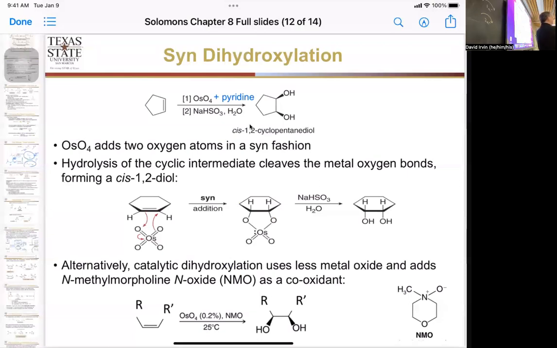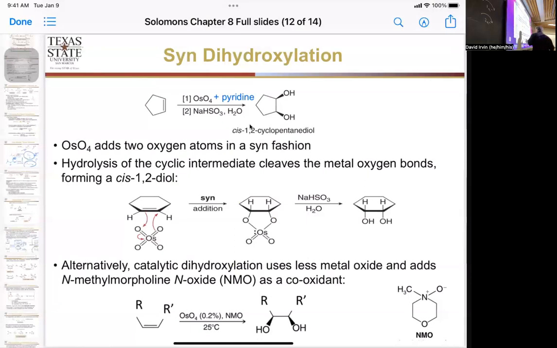And so what they've figured out is that they can use a reagent that oxidizes the osmium dioxide to osmium tetroxide in solution. And we do that using this oxidized nitrogen material here. And we call that N-morpholine N-oxide. Morpholine is this right here.